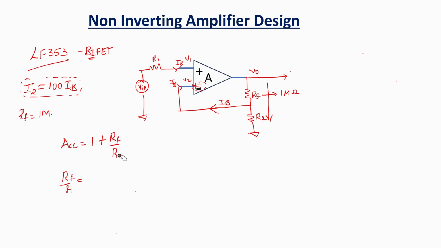Sorry, this is R2. So RF divided by R2 is ACL minus 1, or R2 is RF divided by ACL minus 1. What is R2 and what is RF? RF, we need not worry. It's 1 meg.